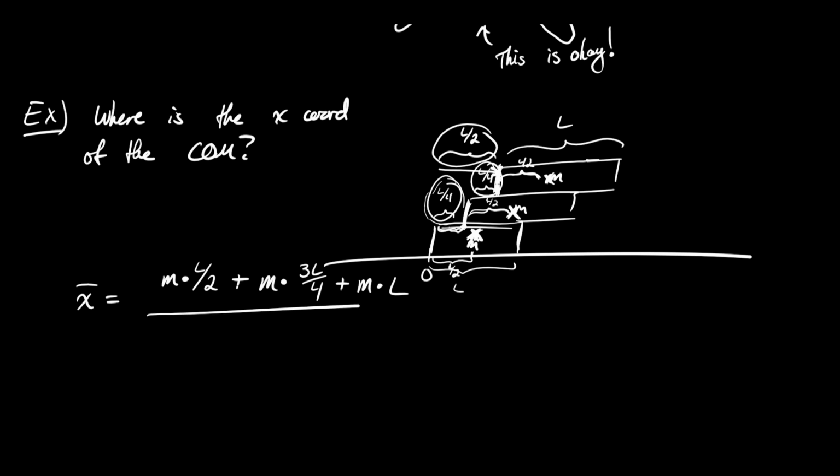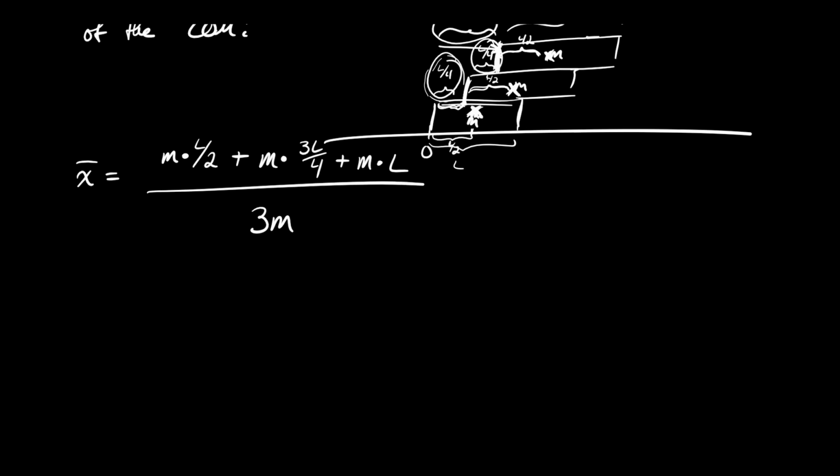Okay, and then again, we're going to divide by the total mass of the object. So here we have 3 objects of mass m. m plus m plus m is 3m. Now I'm allowed to cancel the m from everything in the numerator and the m in the denominator. If you want, you could factor out m in front and write it as m times parentheses of the other stuff.